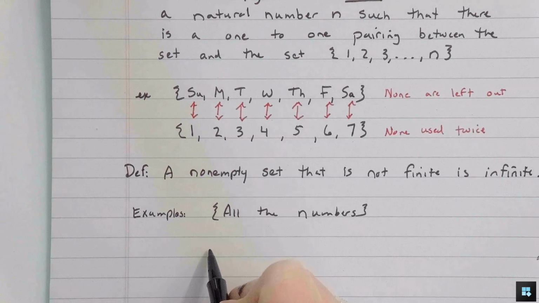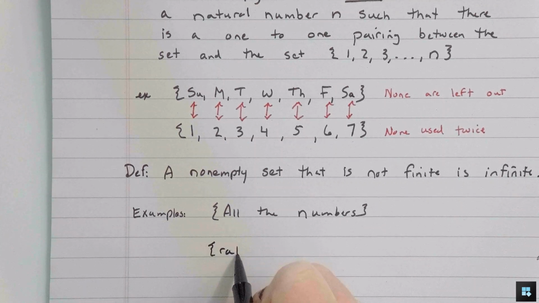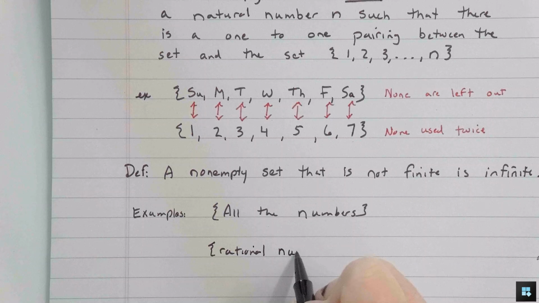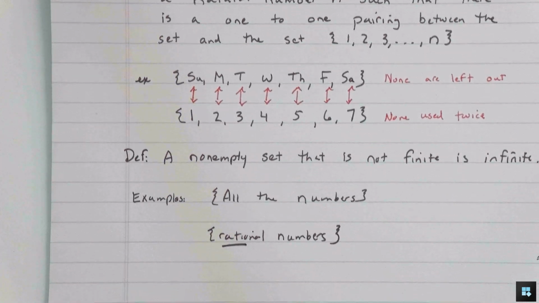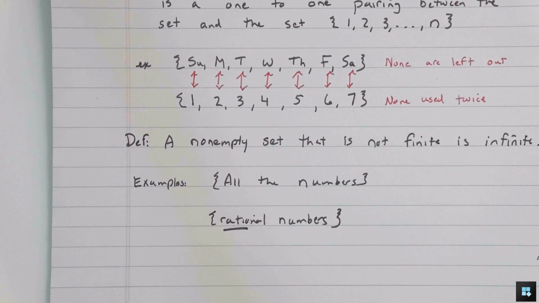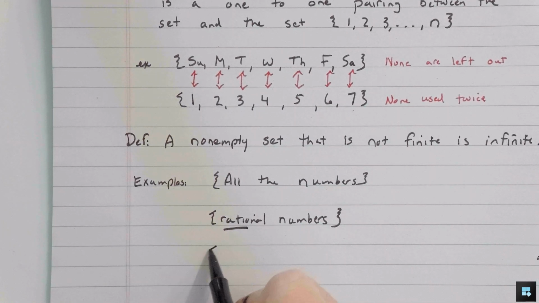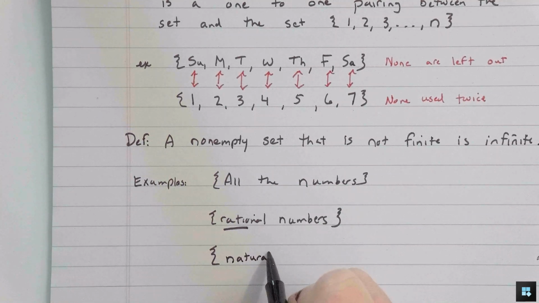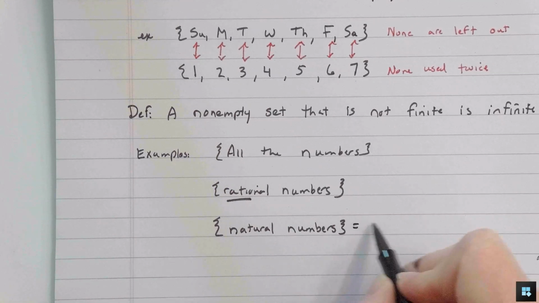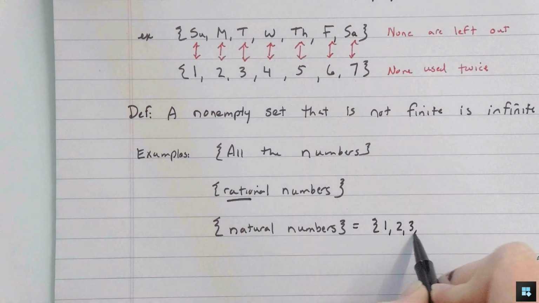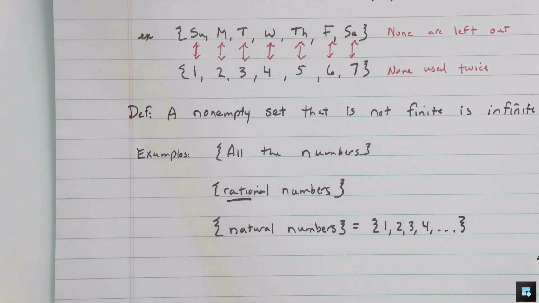So the rational numbers, remember those that could be written as fractions? And then we had natural numbers in that as well. The natural numbers are easier to list, because remember those are the counting numbers, so they go 1, 2, 3, 4, and so on.